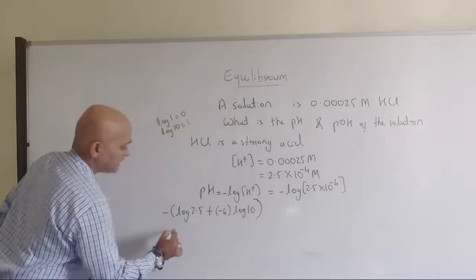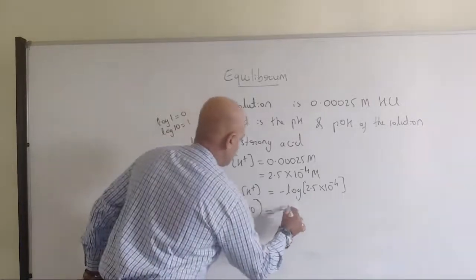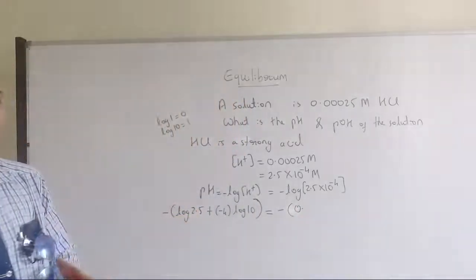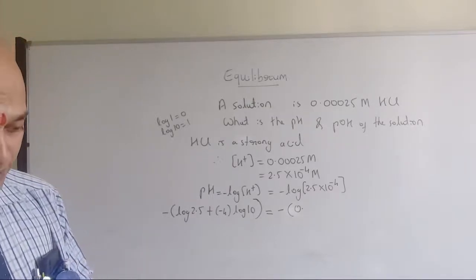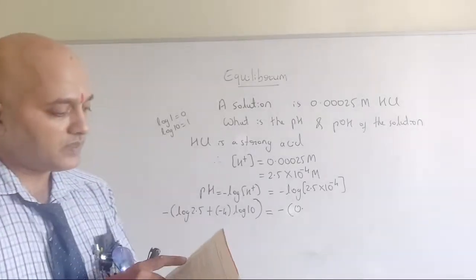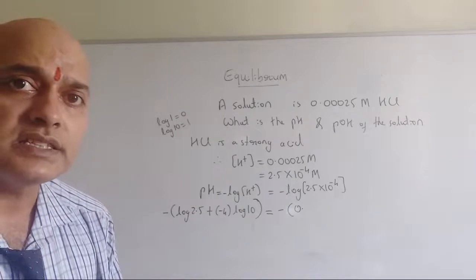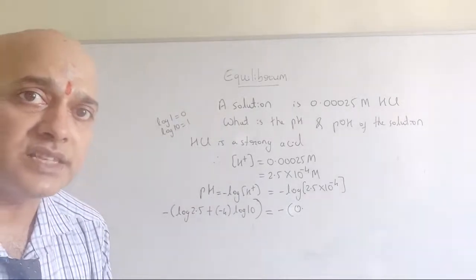So it should be in decimals. I should see the value for 25 in the log table. In 25, first column 39, okay, 3602. Why minus, Kritik?